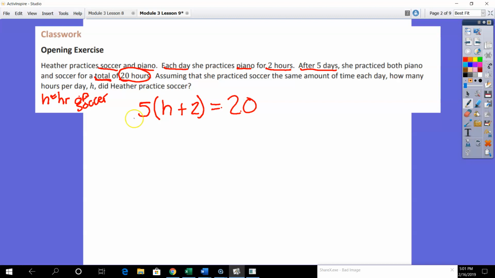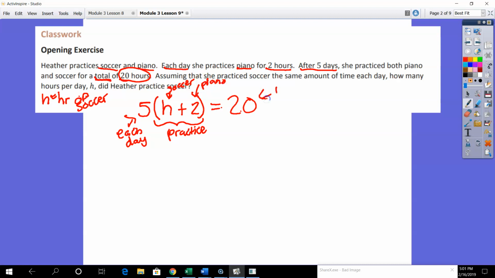Okay. So this is for each day. This part right here is representing the amount of practice. That one is for soccer. And that was representing the hours for the piano.